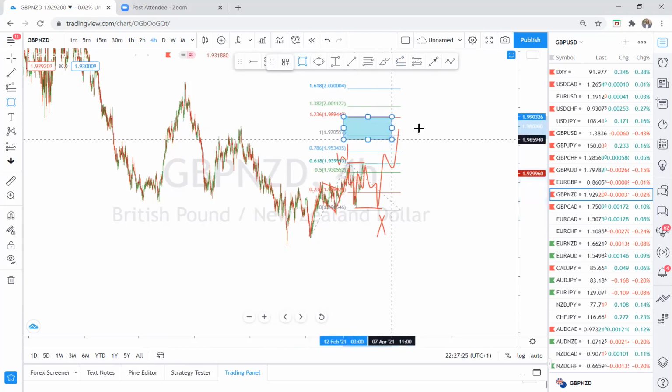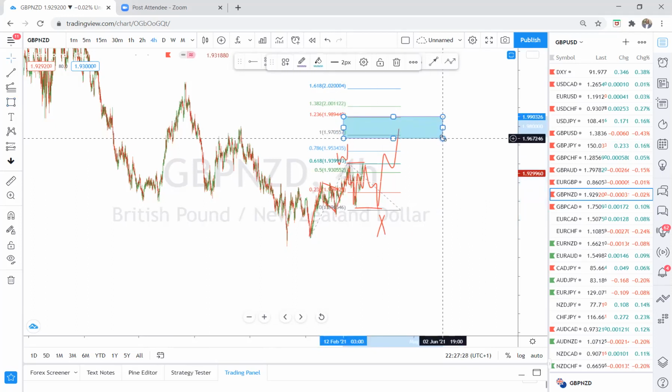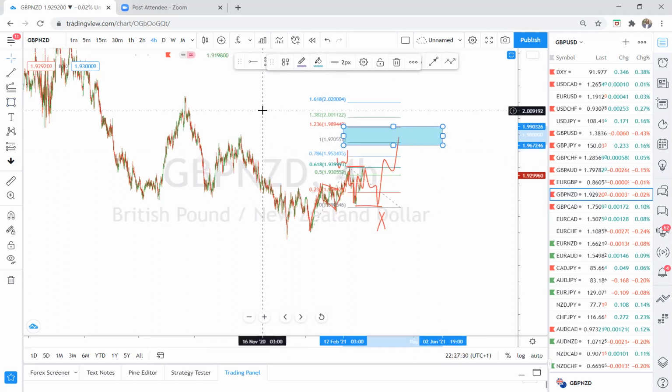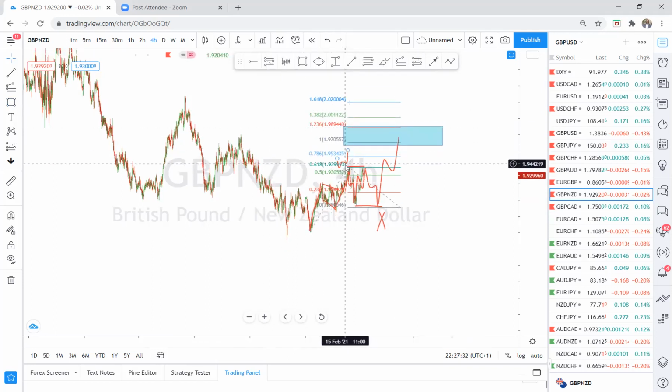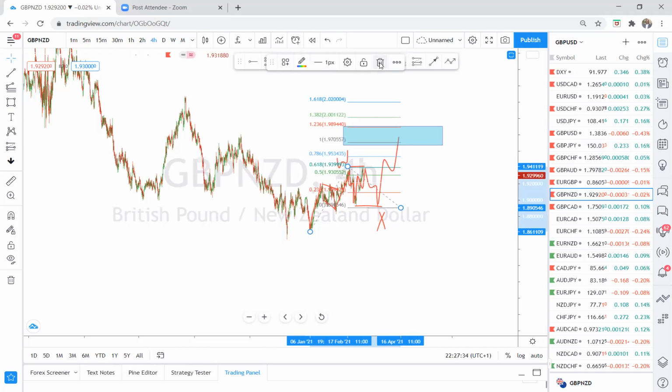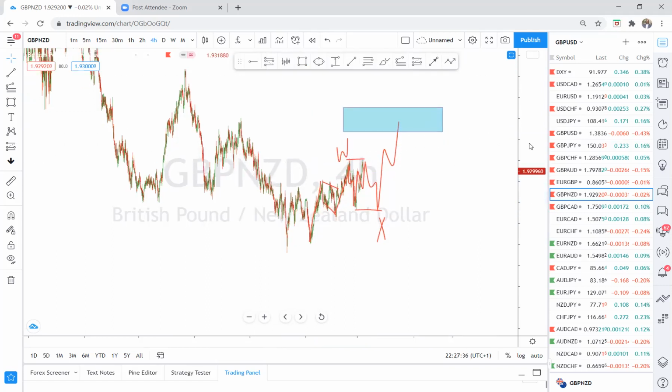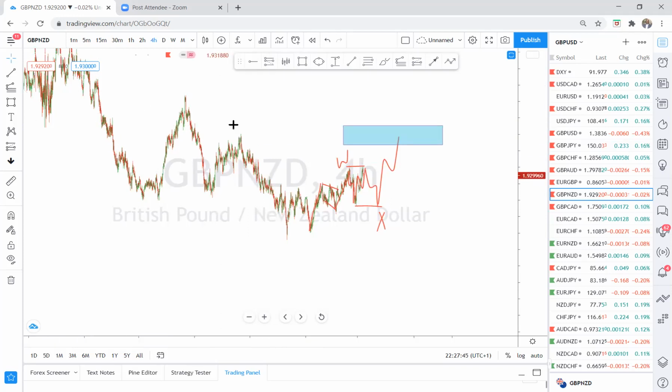That is where you are targeting for this Y to reach. That's our blue box. Yes, that's how we project profit. TP is where you project it.